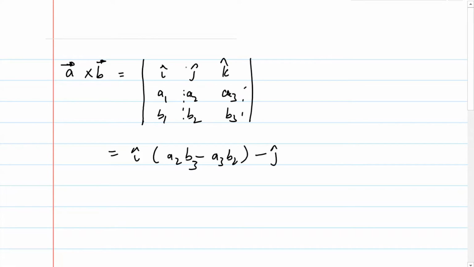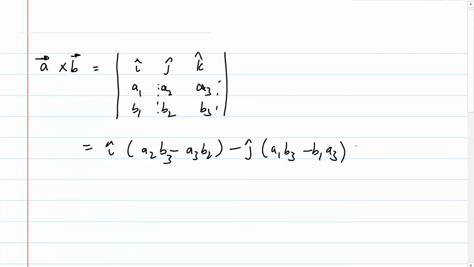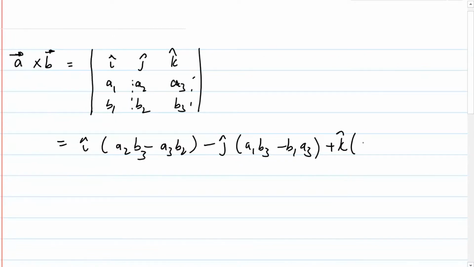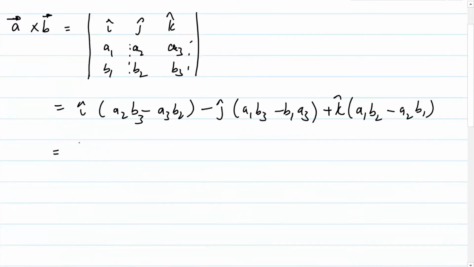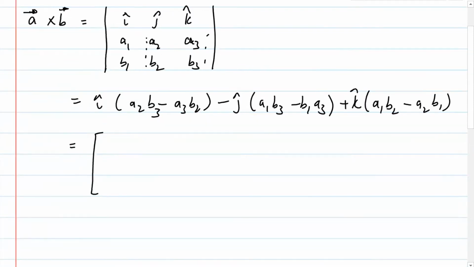Then you take minus J, because the next one should be minus. And then you take A1 times B3 minus B1 times A3. And then finally, K, we would have A1 times B2 minus A2 times B1.